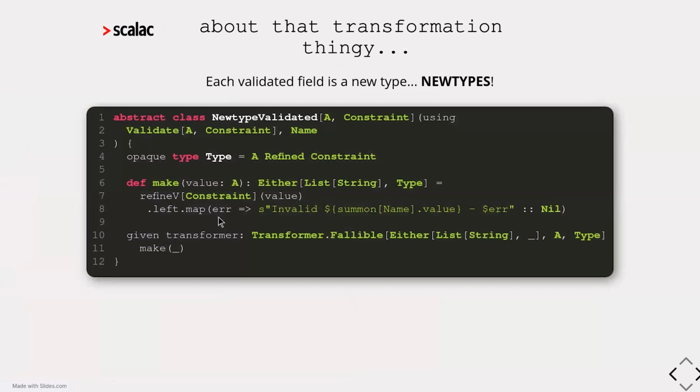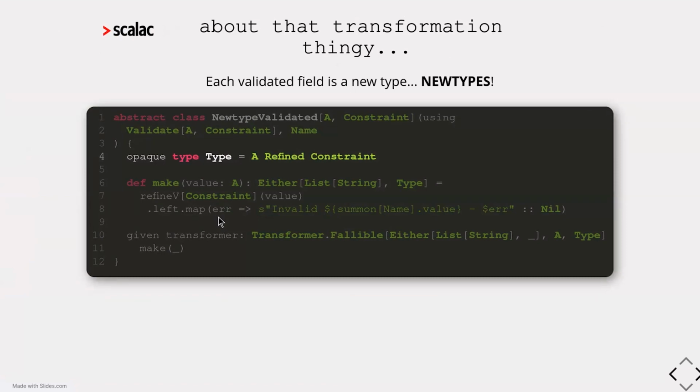Scala 3 is nice enough that it exposes the opaque type mechanism, which allows us to create a new type library, quote unquote, in 10 lines of code or even less, if I didn't have to break my code like that. In this example, I actually use refined to materialize my validations in an easy way, and then I also use sourcecode for some nice metadata that I use in my error messages.